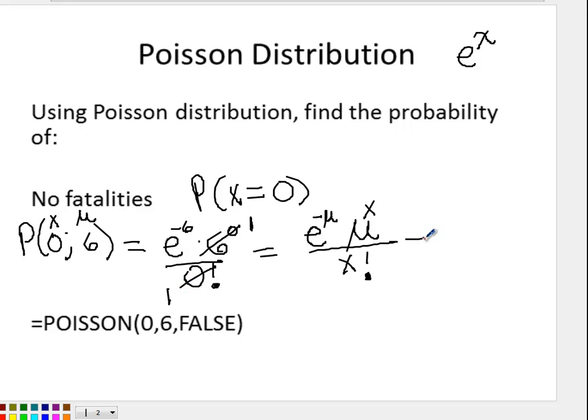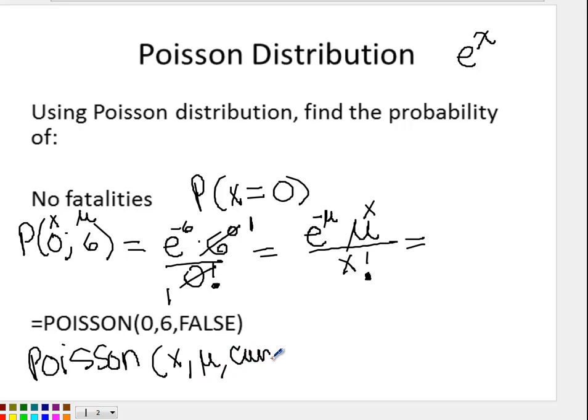Alright, the Excel command is this. The Excel command is always POISSON, for an exact number. This would be x, this would be mu, and then this is whether or not you want it to be cumulative. Cumulative means if you have a less than sign, less than or equal to sign.